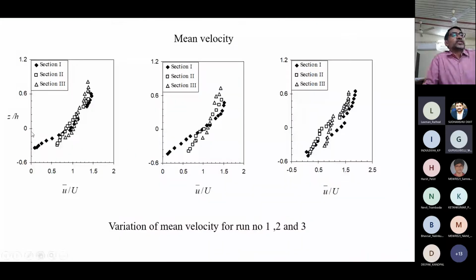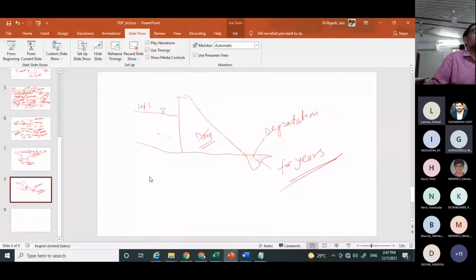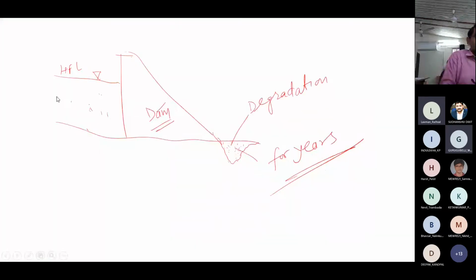So you can see here at the bed the velocity is very low. Now whatever velocity distribution we usually plot, if you have y here and u here, the velocity distribution is like this.